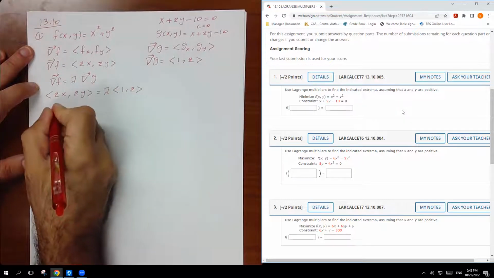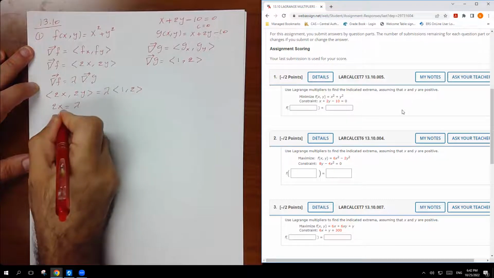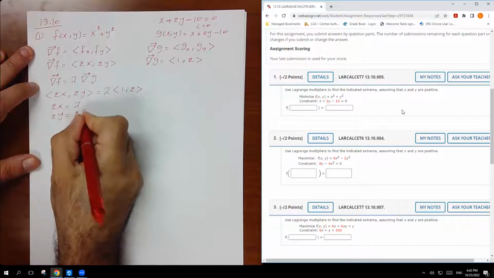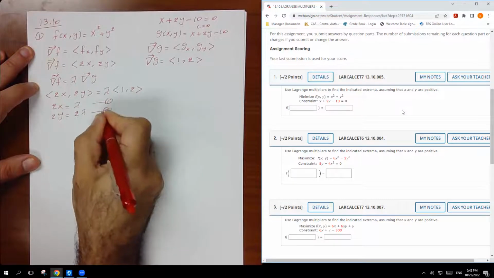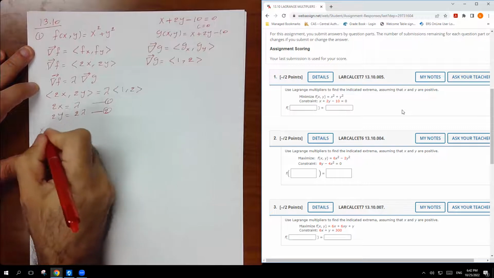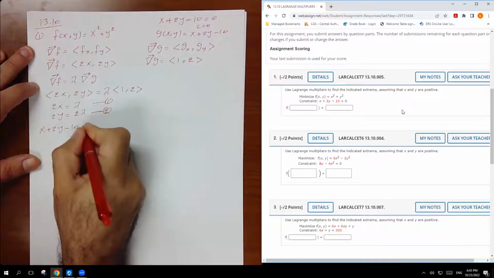Then 2x is going to be lambda, and 2y is going to be 2 lambda. So this is the first equation. This is the second one. And the third one is going to be the constraint, which is x plus 2y minus 10 equals 0.